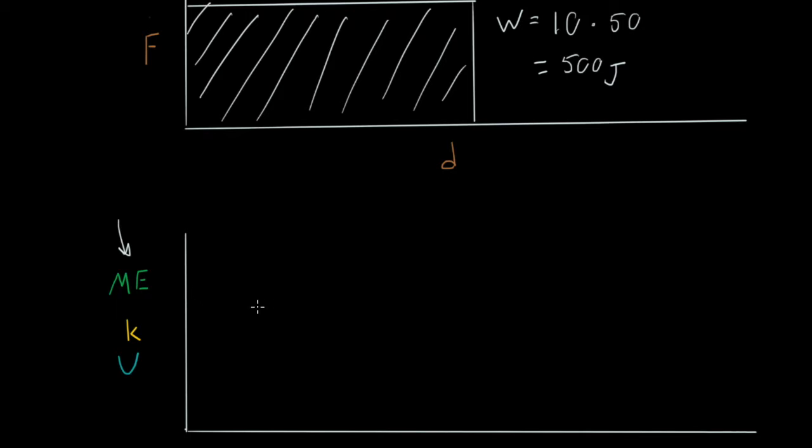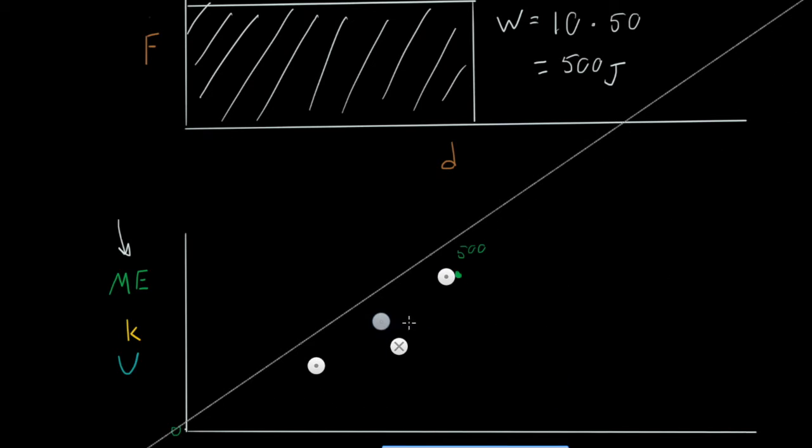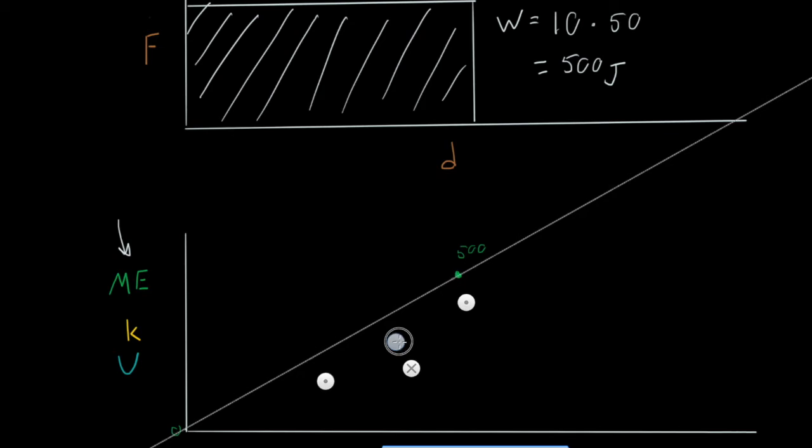And so let's say this point right here, this is our number 2 point. Let's say right here is 500 joules. And so from 0 to 500, I'm going to be increasing as I continue to apply that force. And so as we push that box, let's see if I can line this up well. That's about right.